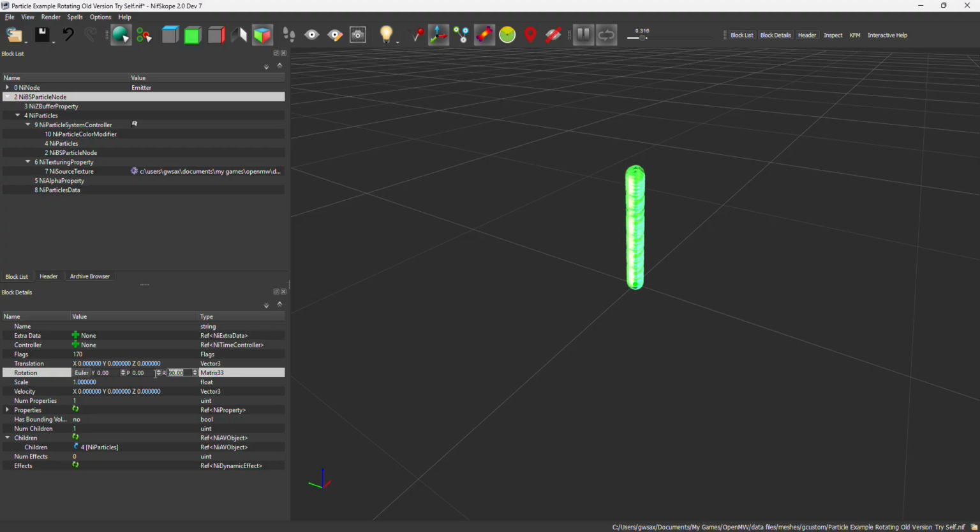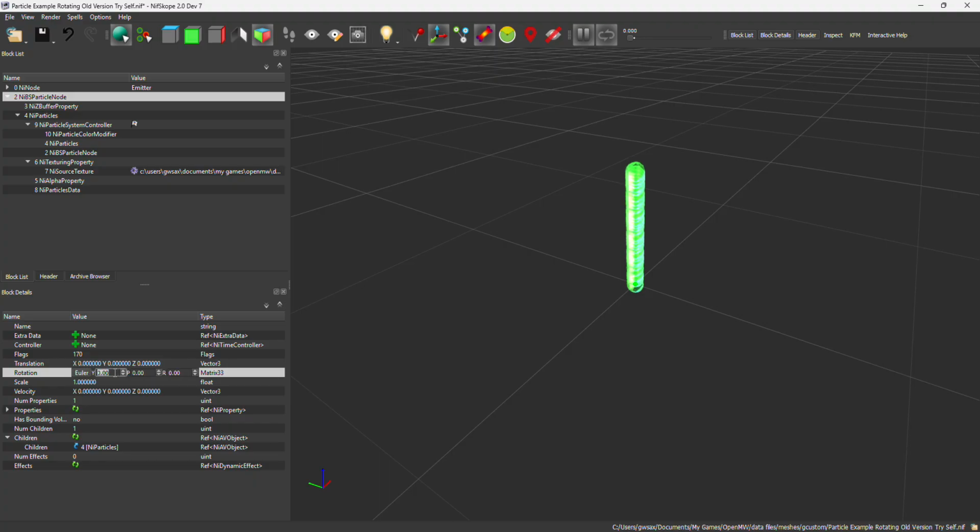These directions are in radians, so you can just use Google to translate angles like degrees to radians if you need to. So 90 would be like half of pi, so it'd be like 1.6 roughly.